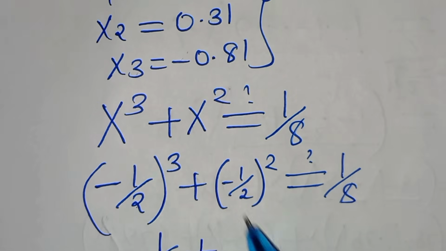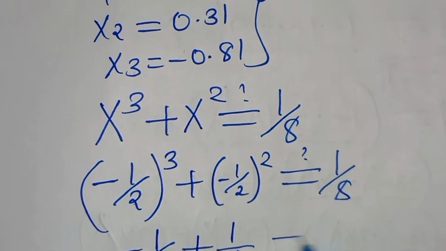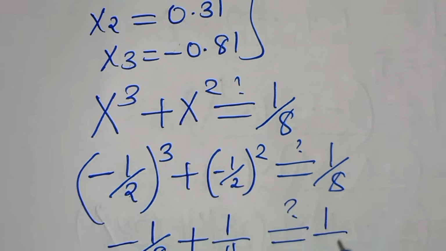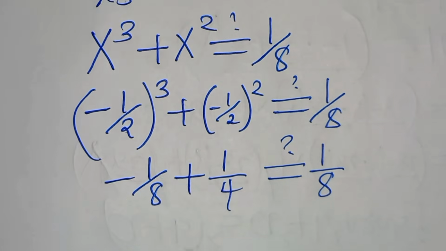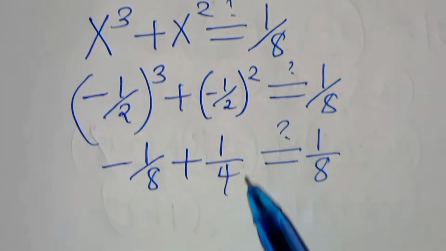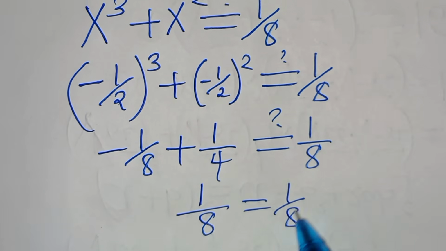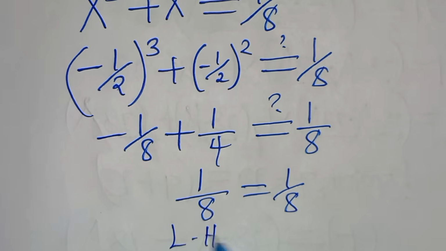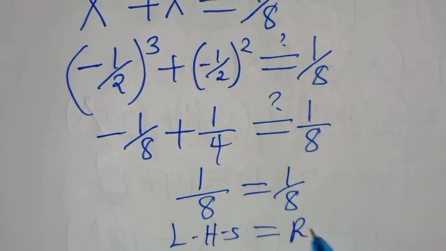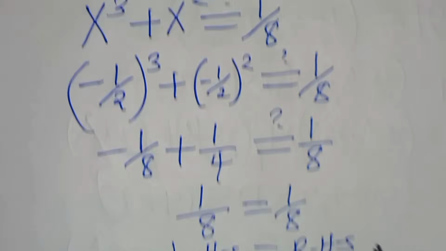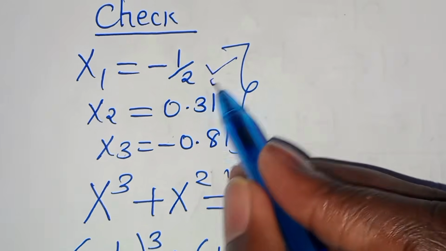Then plus minus a half to the power of 2, this is 1 over 4. Negative 1 over 8 plus 1 over 4 is 1 over 8, which is equal to 1 over 8. So the left hand side is equal to the right hand side. And this proves that x1 satisfies the equation.